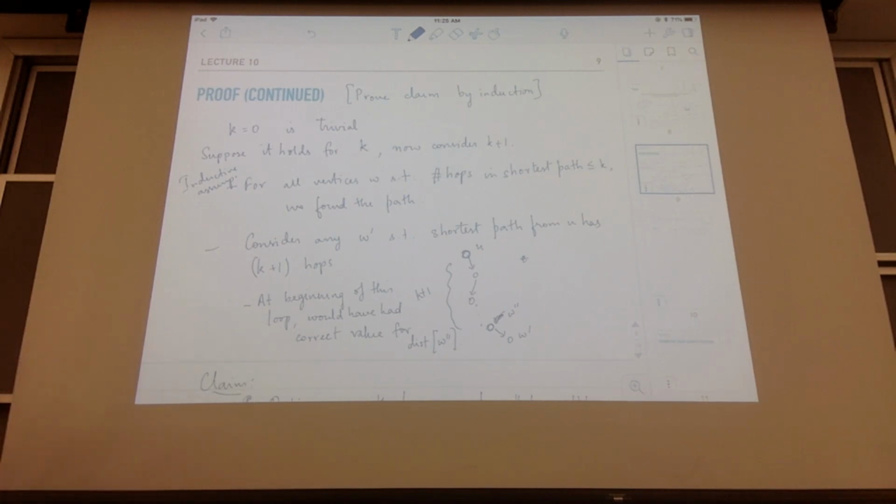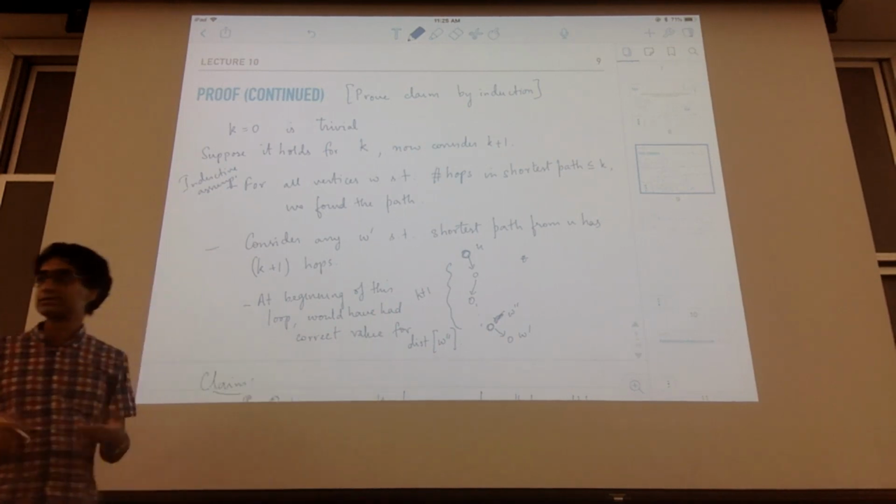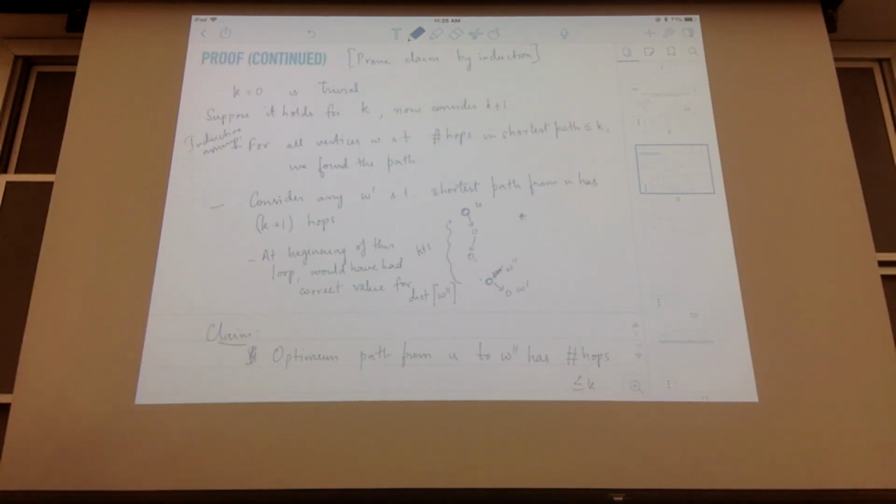It's a very simple property, intuitively obvious, but you just have to state it, because otherwise it's not a priori clear that you would have found the correct value. So this shows that you would have had the correct value for the distance of W double prime by the inductive assumption. Now suppose you had it, why would you, after you do one iteration, have the right value for the distance of W prime?